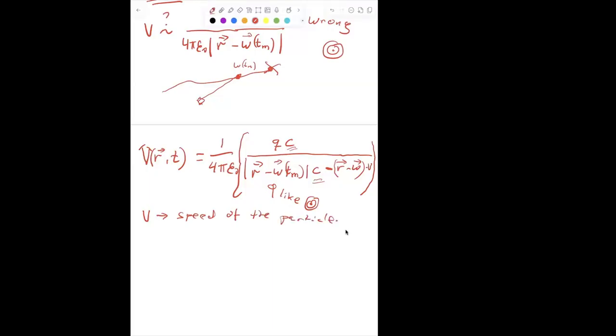It is mind-boggling in the sense that you are educated that at least the usual potential does not depend on the speed of the particle. But here, this is not the case. So what is v? It's, first of all, v at time Tm, and this is W dot. It's a vector. Here I have the dot here. These are vectors at time Tm.